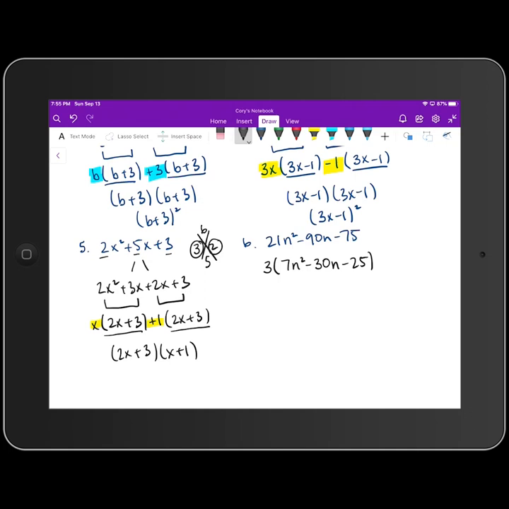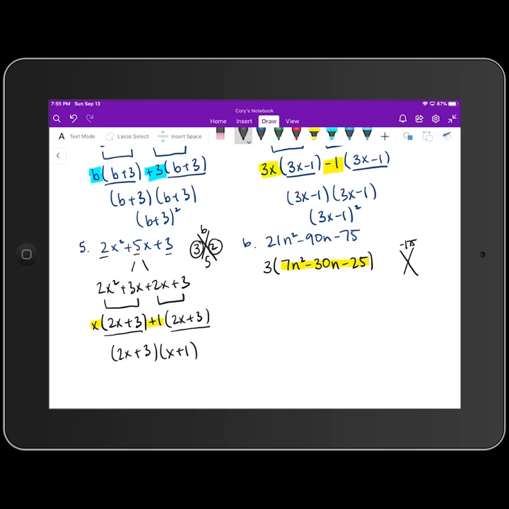Okay, so again, we have bigger numbers here to work with, but the process itself doesn't change. So what I want to do is factor that quadratic right there, just like we did in the previous example. So I'm going to make myself an x. The number that's going to go on top is the product of the constant term and the leading coefficient. So negative 25 times 7 is going to make negative 175.